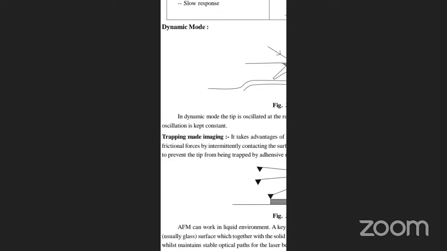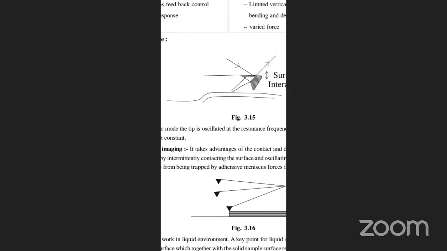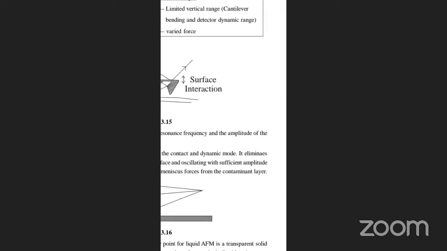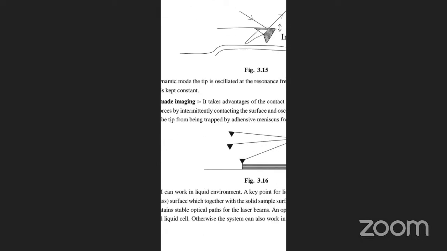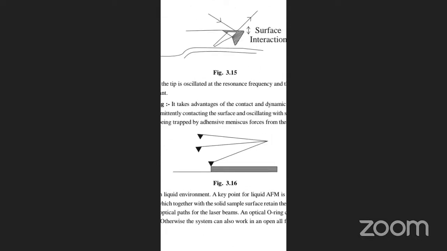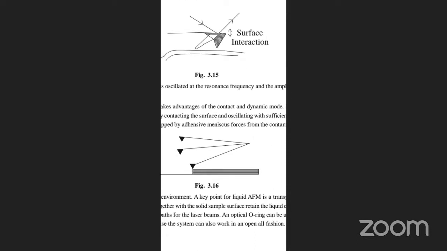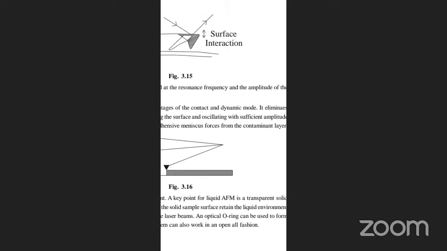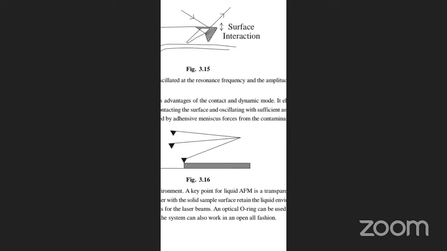Tapping mode imaging takes advantage of the contact and dynamic modes. It eliminates frictional forces by intermittently contacting the surface and oscillating with sufficient amplitude to prevent the tip from being trapped by adhesive meniscus forces from the contaminant layer.